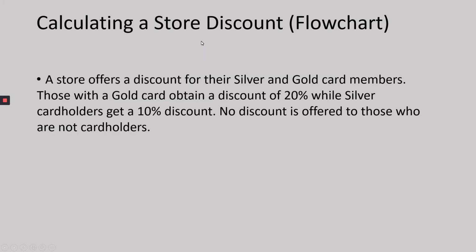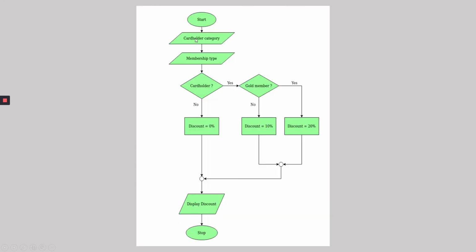I think the first input is whether you are a card holder or not, and after this input we have another, which is membership, whether you are silver or gold.